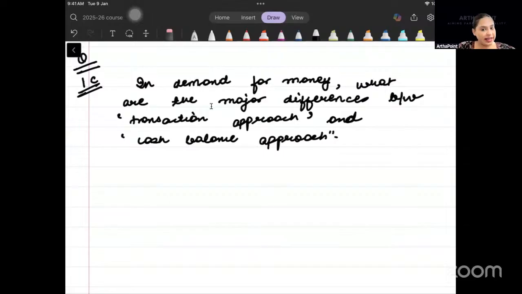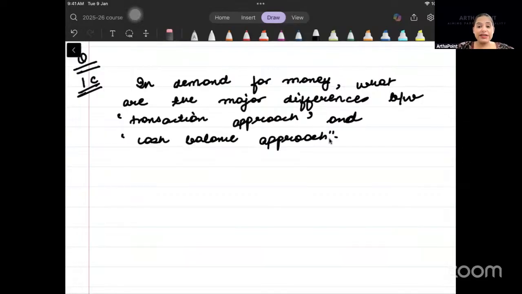Now, remember that this is an answer you have to write in 150 words, so make sure that you write as crisp as possible. In such questions, when they ask you the difference between two things, you can write it in a paragraph, though I personally don't like that.